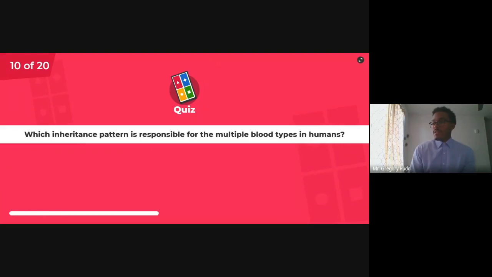Which inheritance pattern is responsible for the multiple blood types in humans?